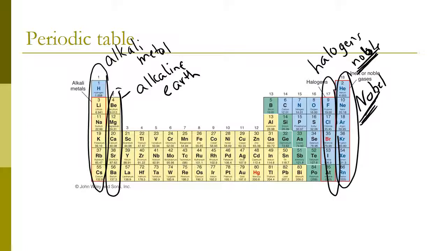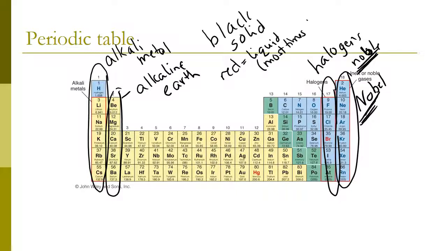The other thing that this particular periodic table points out is the color that's listed for the element symbol. Notice most of them are black. The black means that it's a solid. On this periodic table, red is a liquid. However, most of the times it's listed as blue.